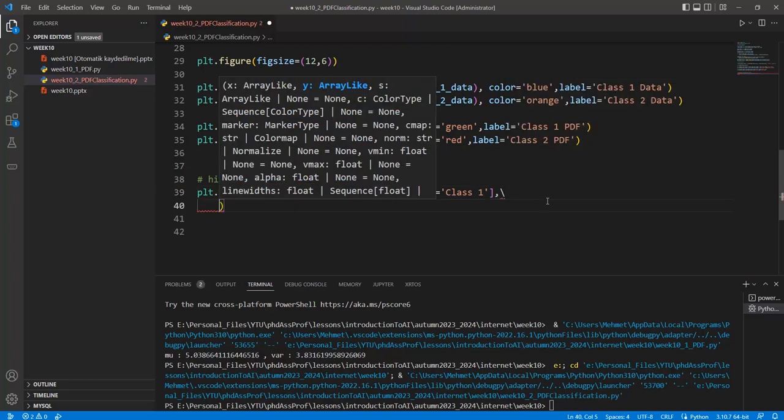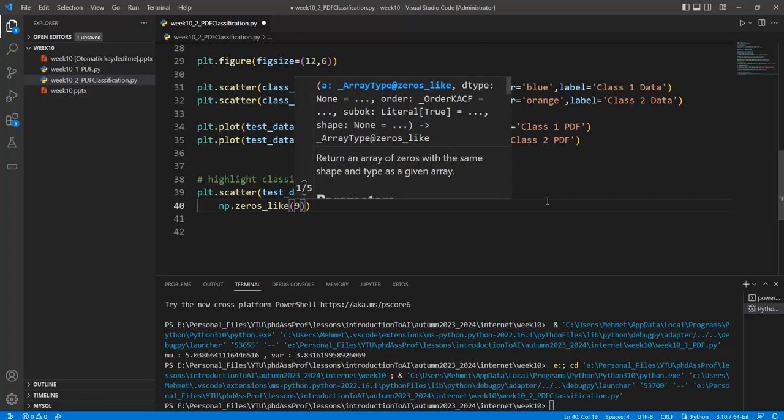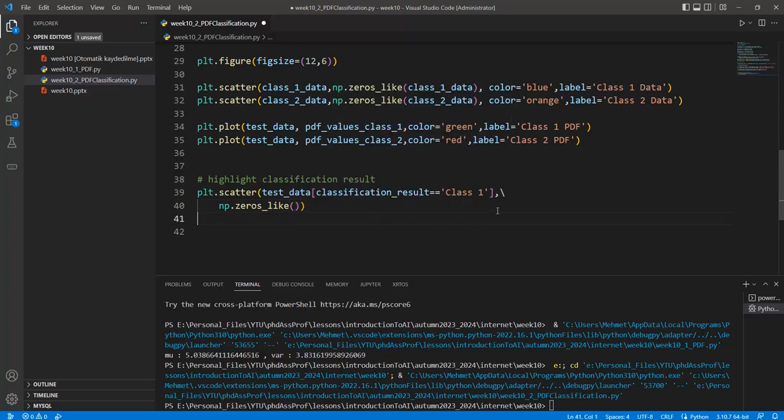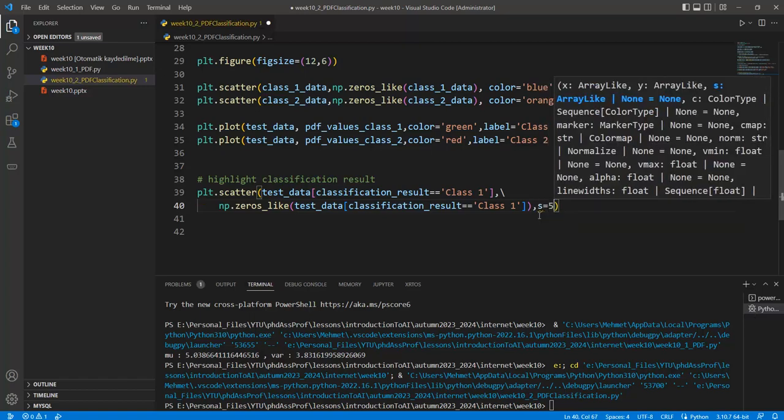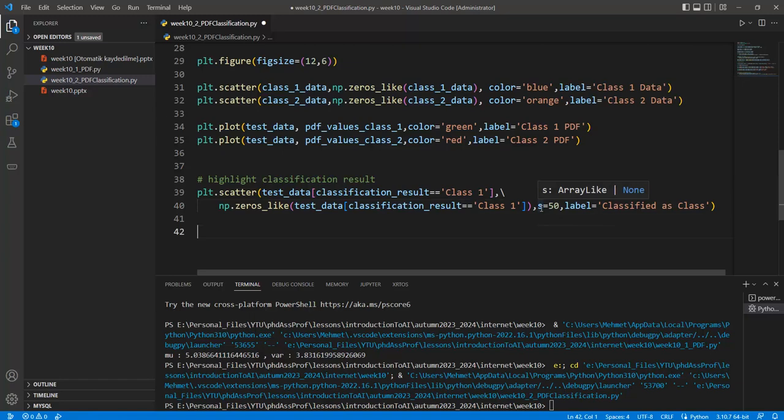And np.zeros_like of this one, and s equal to 50, and label equal to classified. S, what is this? S means the size of points. Okay, classified as class 1.